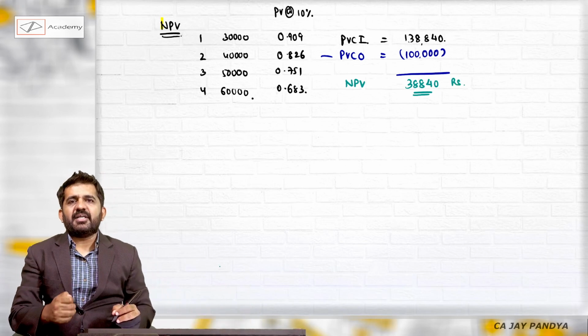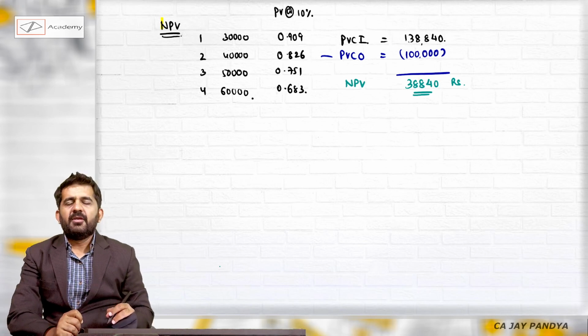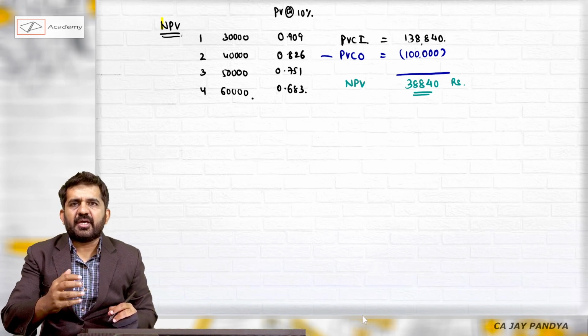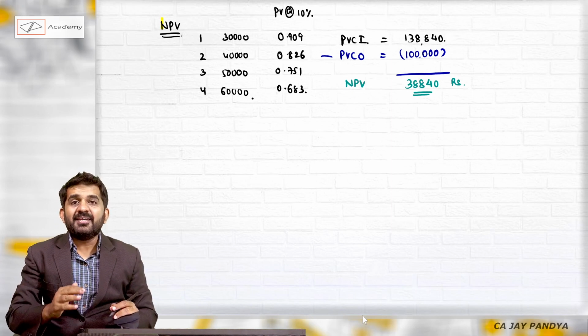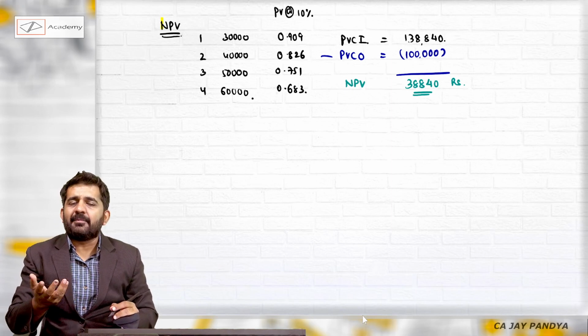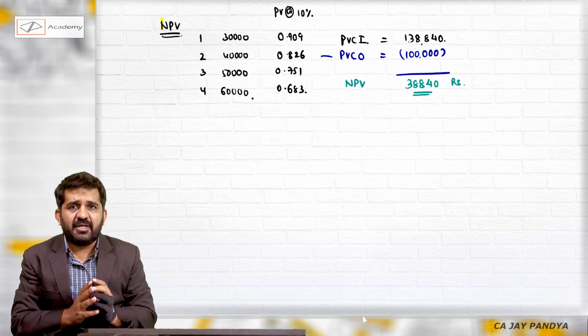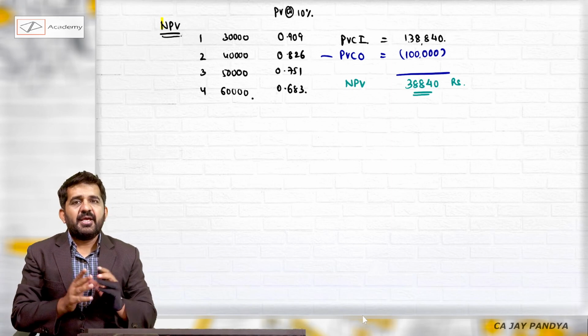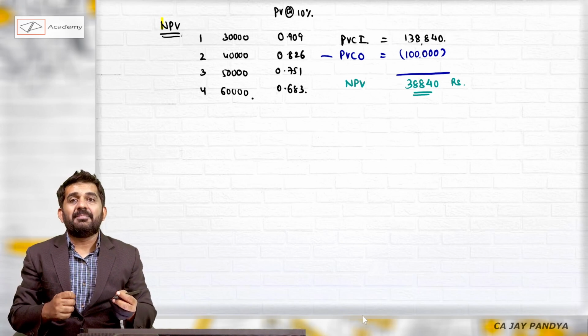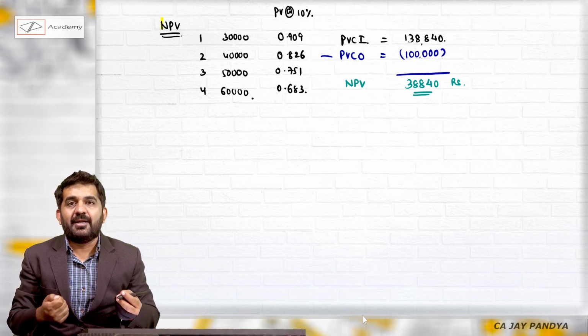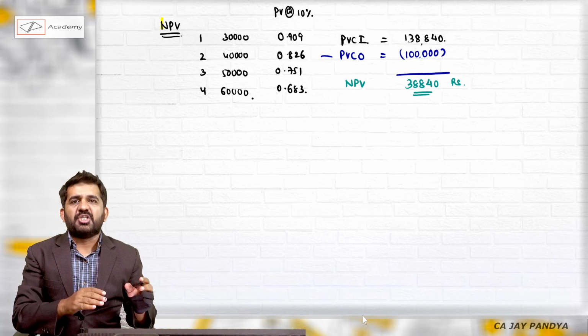Try to understand. In sensitivity analysis, we do this. We reduce the cash inflows by 10% of every year. We increase the project cost by 10% or 5%, whatever might be given. And we find out new NPV, and we find out what will be the percentage change in NPV because of that change.